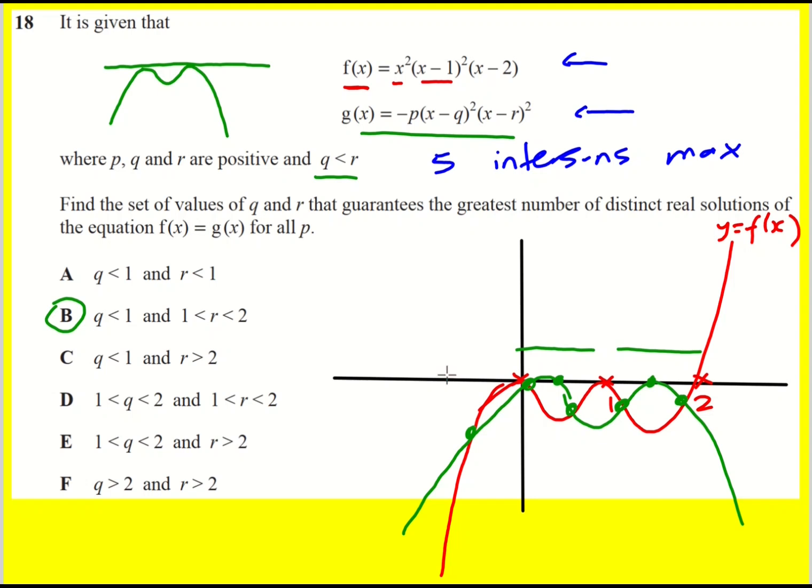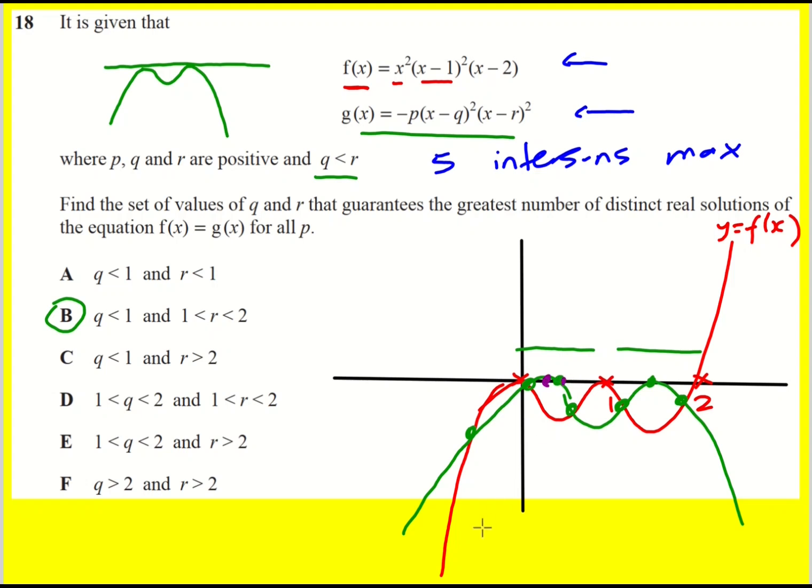Just to say again, if you had one here, it would come down and go back up, but then you wouldn't be able to guarantee another load of solutions. And sorry, we already knew that it had to be positive.